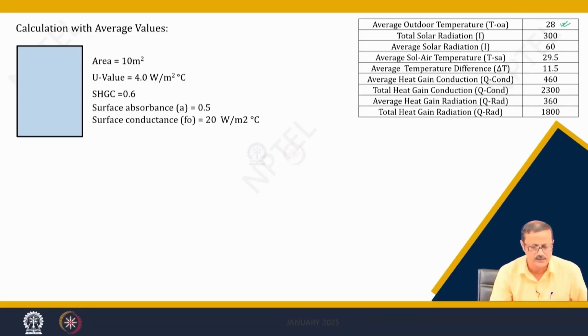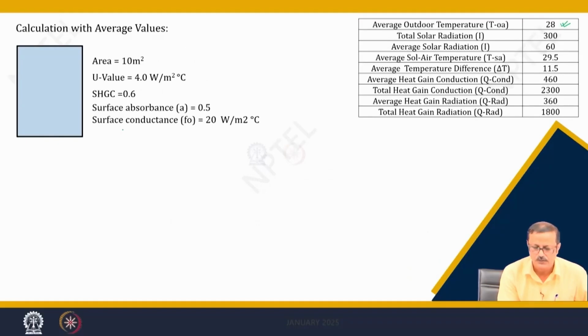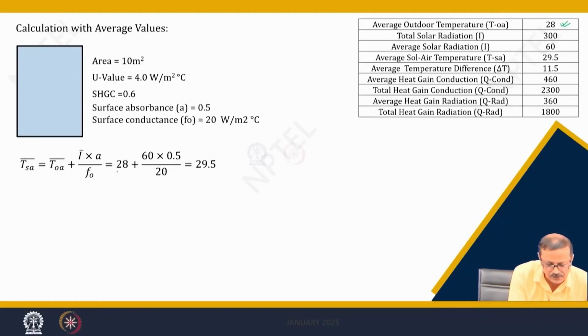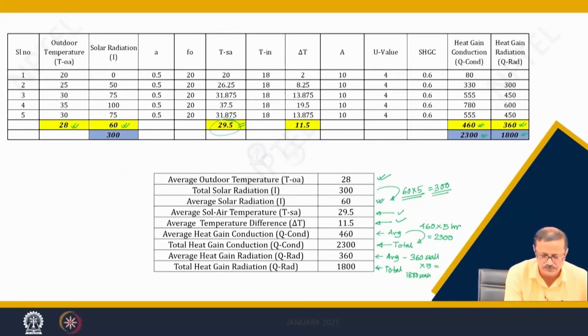If you go back, this is 28 and this is 60. Please remember these two values. This is the average value T O A bar, and I bar is 60, and I got exactly 29.5 as the average solar air temperature.